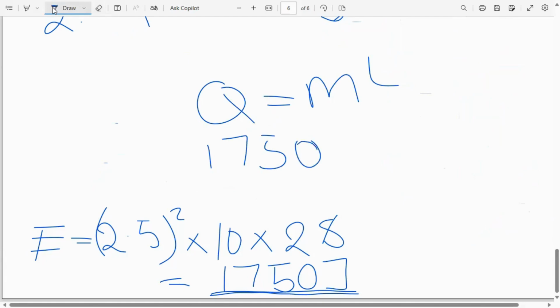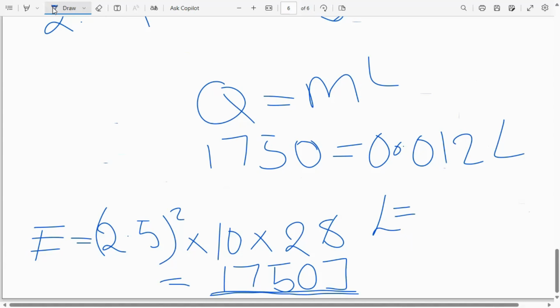The mass is 12 grams, divided by 1000, which gives me 0.012. So 1750 equals 0.012 L. Dividing by 0.012, I'll get my L to be equal to 145 833.